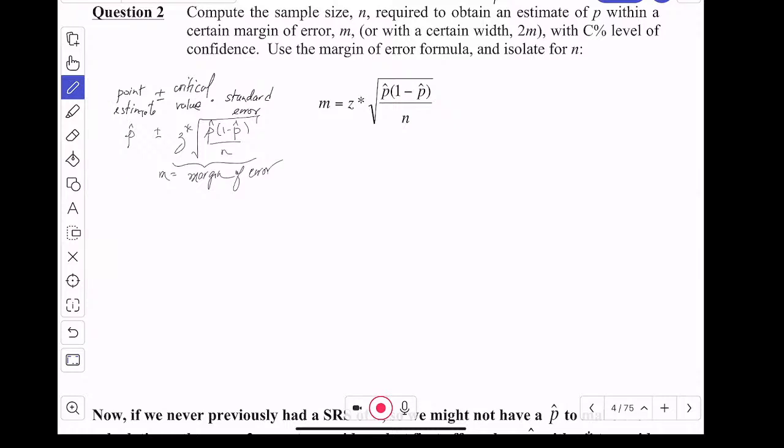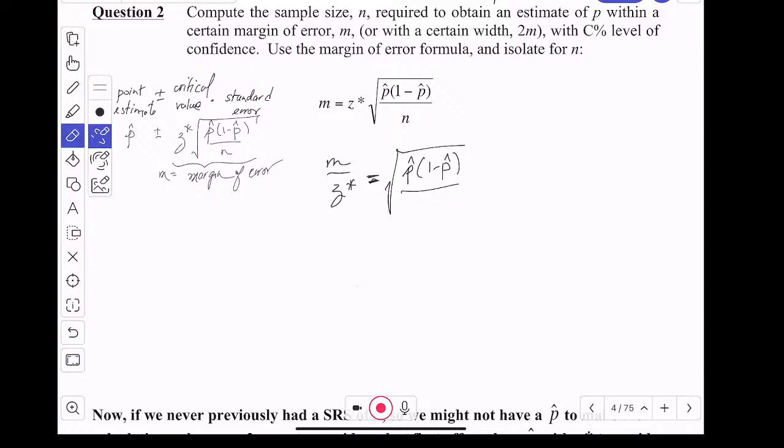So what I'm going to do is use this expression for the margin of error to isolate n. To do that, I take M over Z star, and that's equal to the square root of P hat times 1 minus P hat over n. And then I need to square both sides.